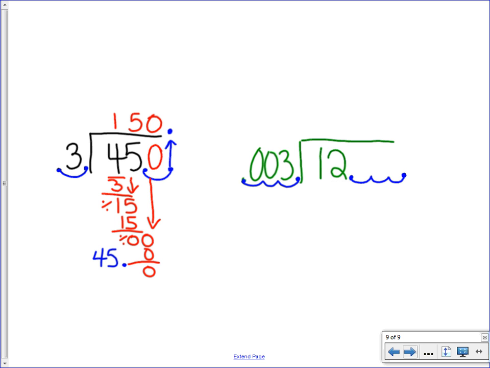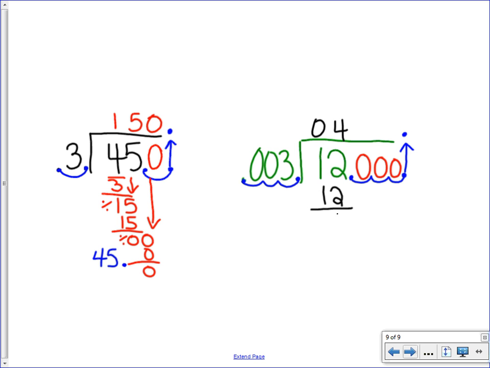This is the new location of my decimal. I'm going to go ahead and bring it on up so I don't forget about it. Now I just need to fill in all those holes. I'm going to fill it in with zeros to hold that place so that I now can divide. Now I'm just going to divide as I usually do. 3 does not go into 1, but it does go into 12 4 times.